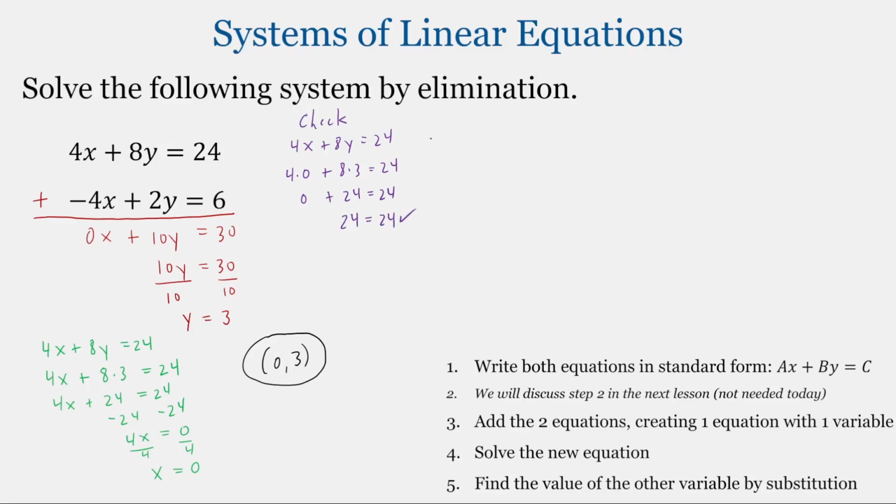Then with the second equation, we have -4x + 2y = 6. So -4 times 0 plus 2 times 3 equals 6. 0 + 6 = 6, 6 = 6, and that is also true. The solution is the ordered pair (0, 3).